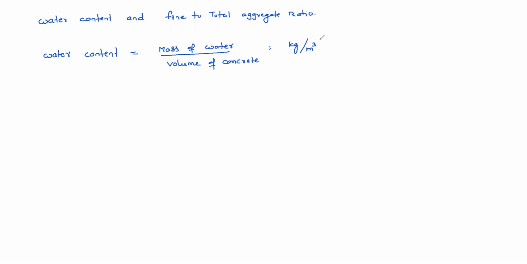Suppose the gap is 50 mm, then aggregate size should not exceed 45 mm, because the aggregate should pass in between the reinforcement spacing. Also the cover: suppose cover is 40 mm, the aggregate should not exceed 35 mm. So 5 mm should be lesser than the cover as well as the spacing of the reinforcement. All these things need to be considered while fixing the maximum size of aggregate.